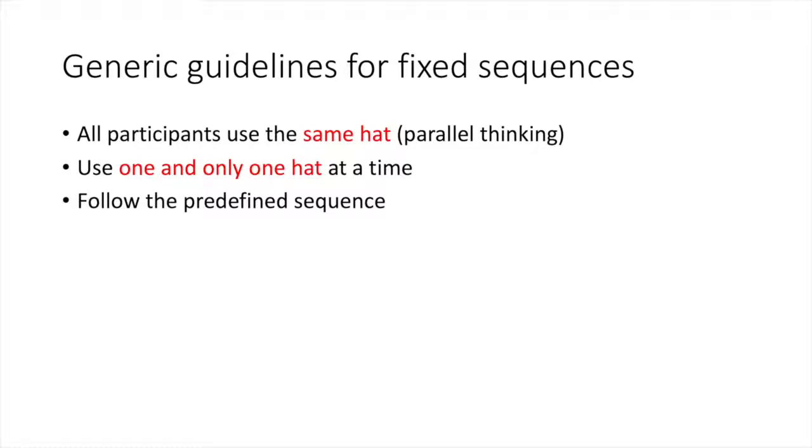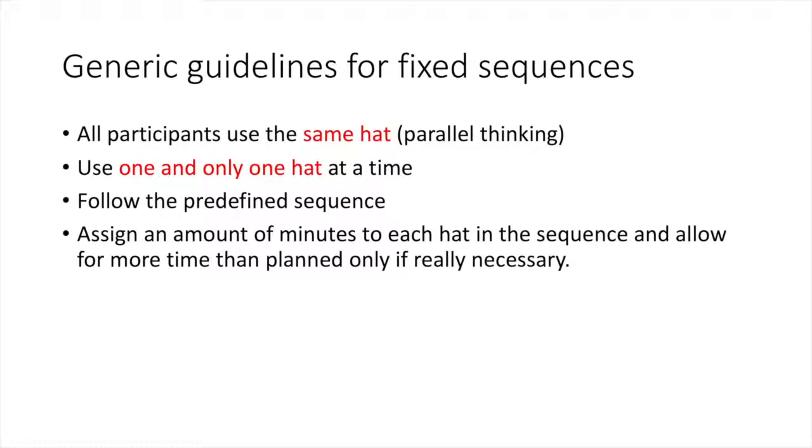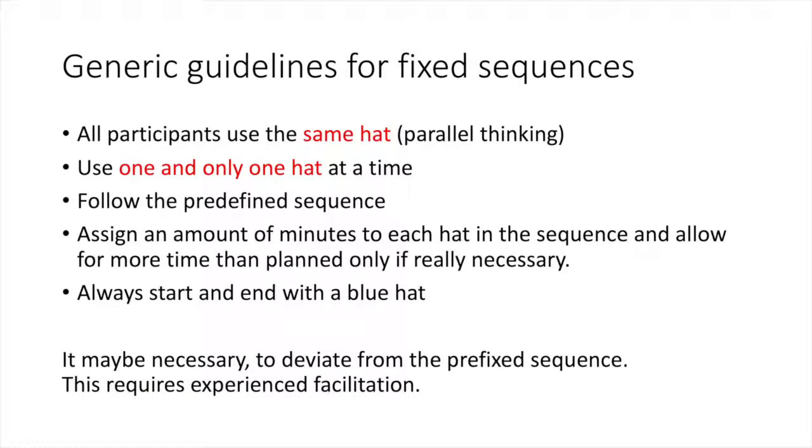We have to follow the predefined sequence, and we have to assign an amount of minutes to each hat in the sequence. We start and we end always wearing a blue hat. Sometimes it is necessary to deviate from the prefixed sequence, but this requires experienced facilitation.